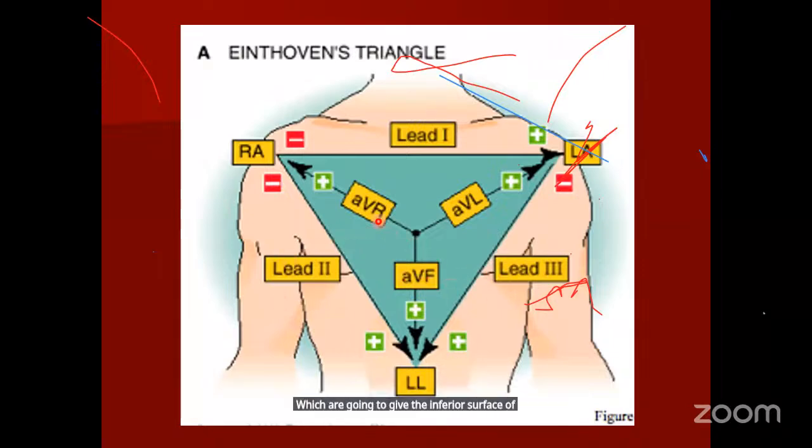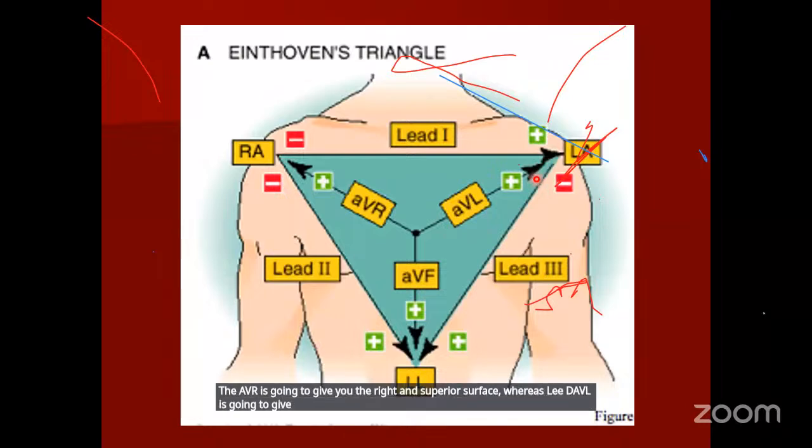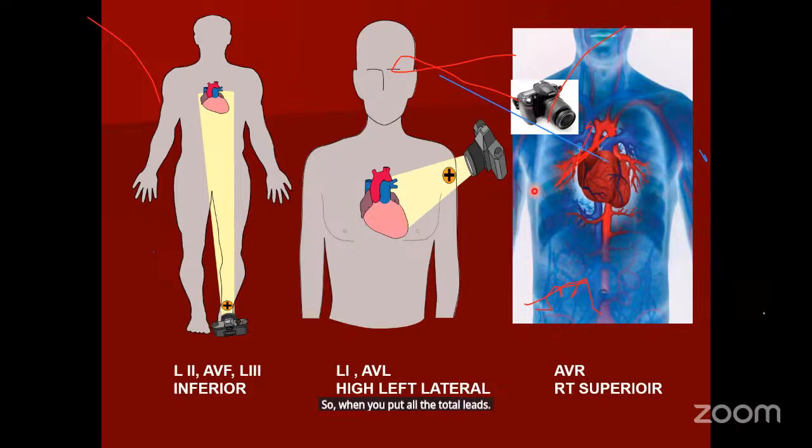The AVR is going to give you the right and superior surface, whereas lead AVL is going to give you the left superior surface of my heart. So when you put together all 6 limb leads, they work like cameras. For example, I look at lead 2, AVF and lead 3, which give the inferior surface of my heart.